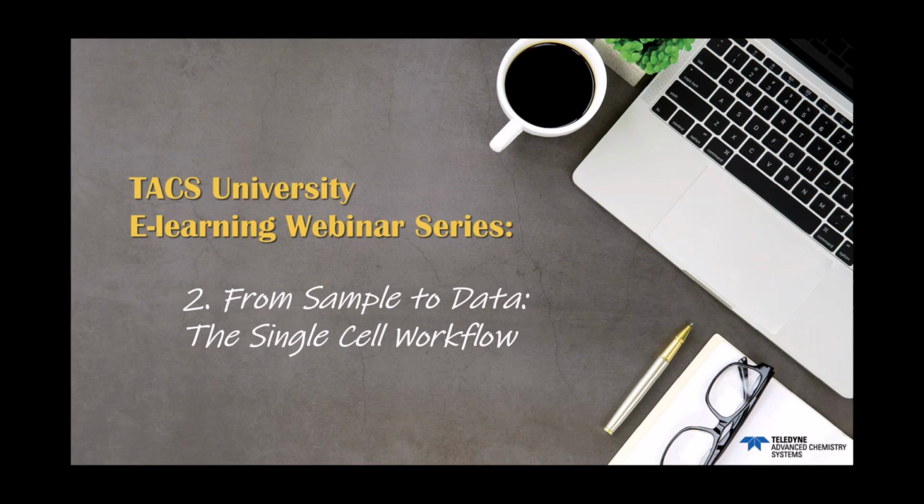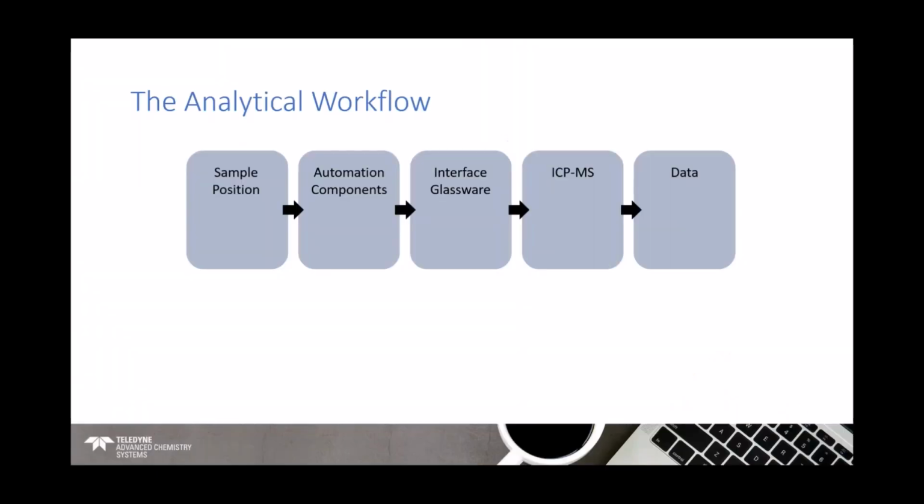So what I've put down here is an analytical workflow, a flow of what happens through the process of sample introduction. Now this won't look particularly unusual to most people who operate ICP-MS. We start off with a sample in some form of sample position.